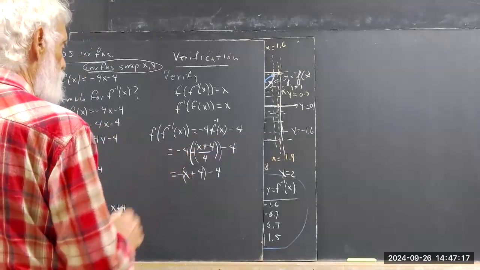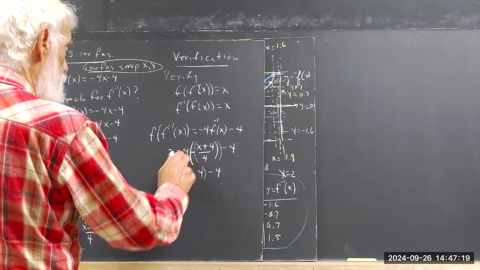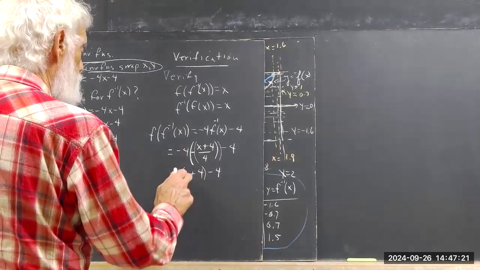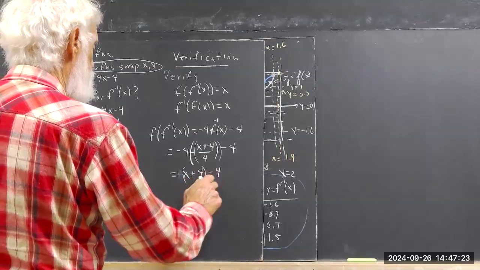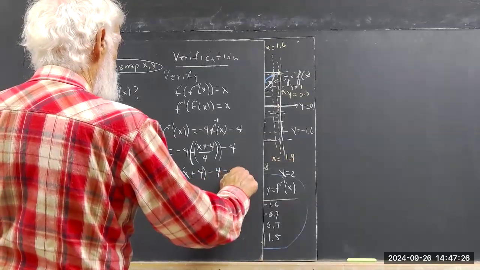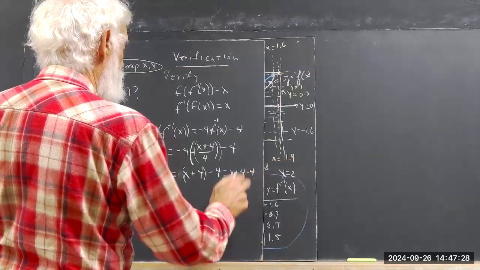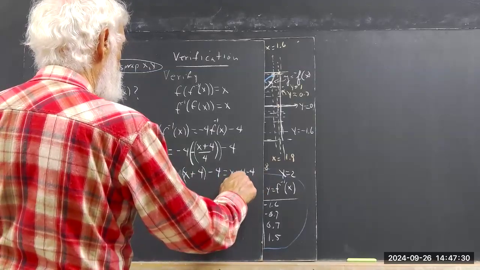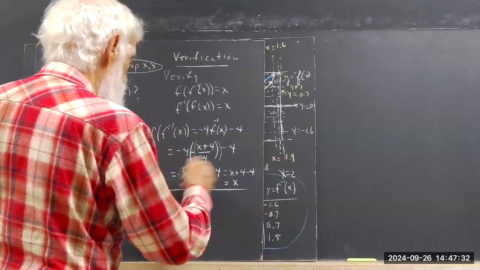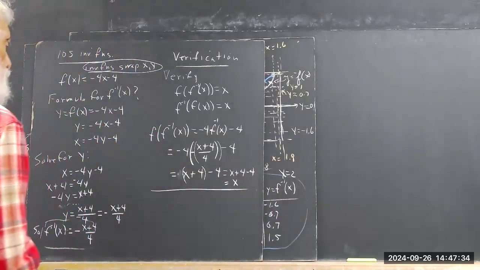A negative times a negative is positive. The 4 divides 4, giving us 1. And we end up with x plus 4 minus 4. Well, we don't need the parentheses. And now 4 minus 4 equals 0, like our expression now equals x, as it should.